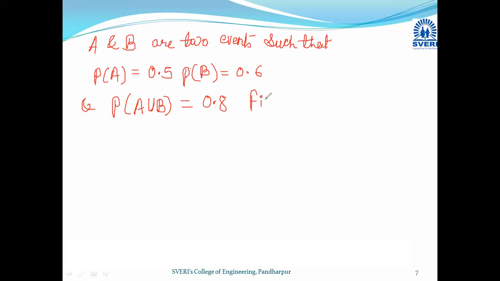Then find P of A by B. Okay, P of A by B.